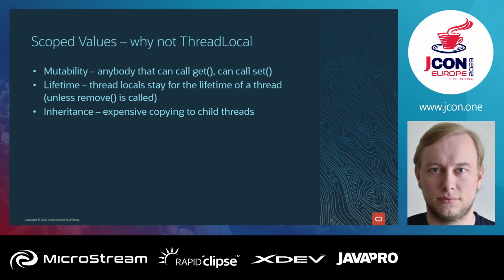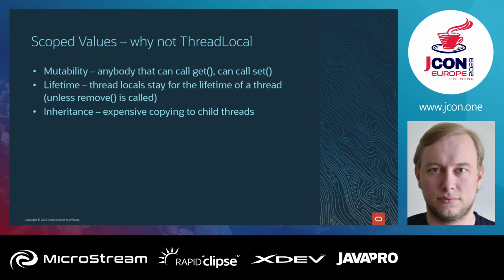For example, one of the disadvantages is mutability. Right now, the thread locals, or the content of it, can be changed from basically any place in your application which has access to this thread local instance. You can change the value which was assigned there, and that's definitely not good.